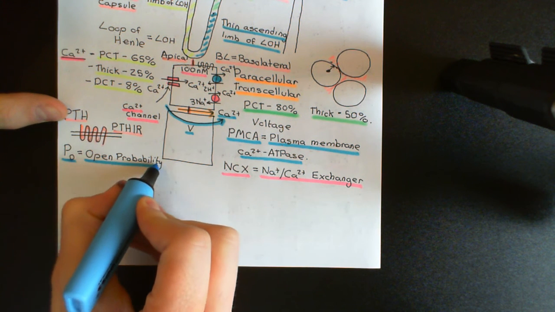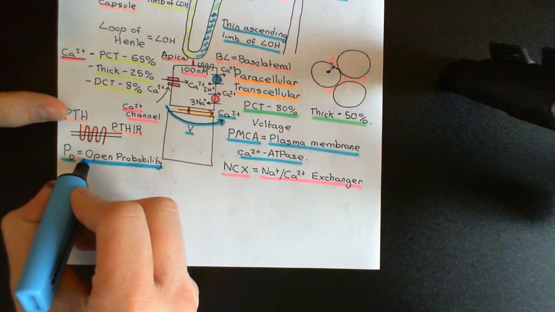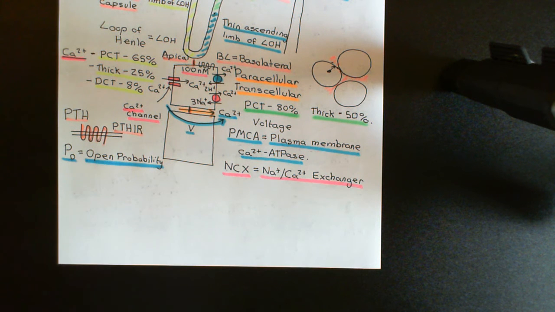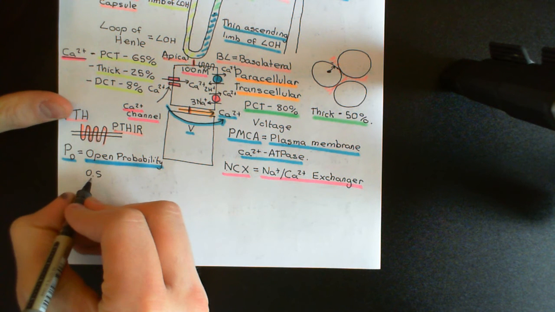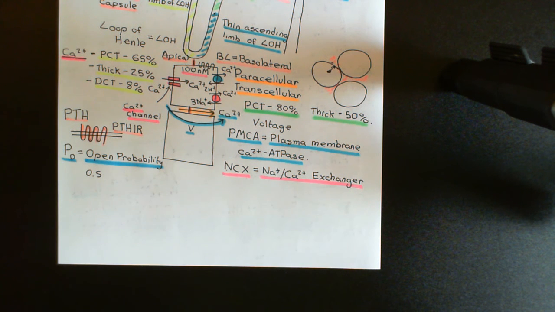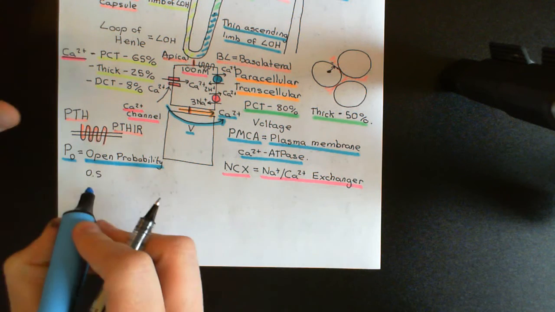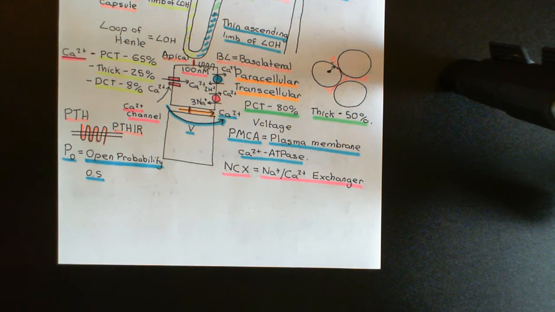This is effectively the percentage of its time that it spends in the open state versus the closed state. So if the open probability is, let's say, 0.5, then it spends approximately half of its time in the open state and half in the closed state. Very simple concept.